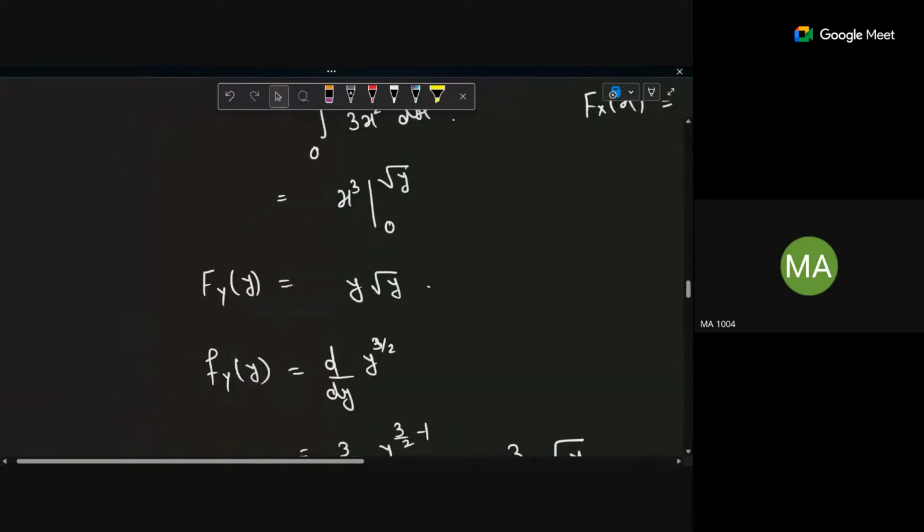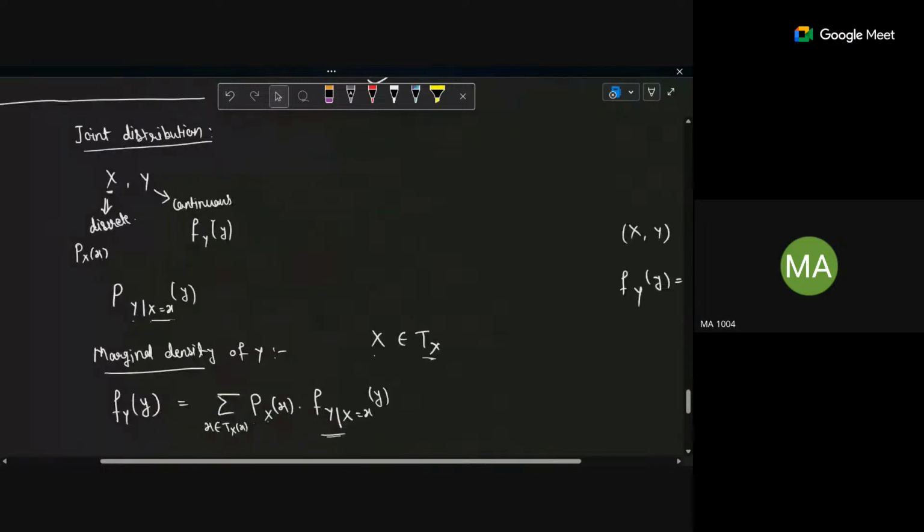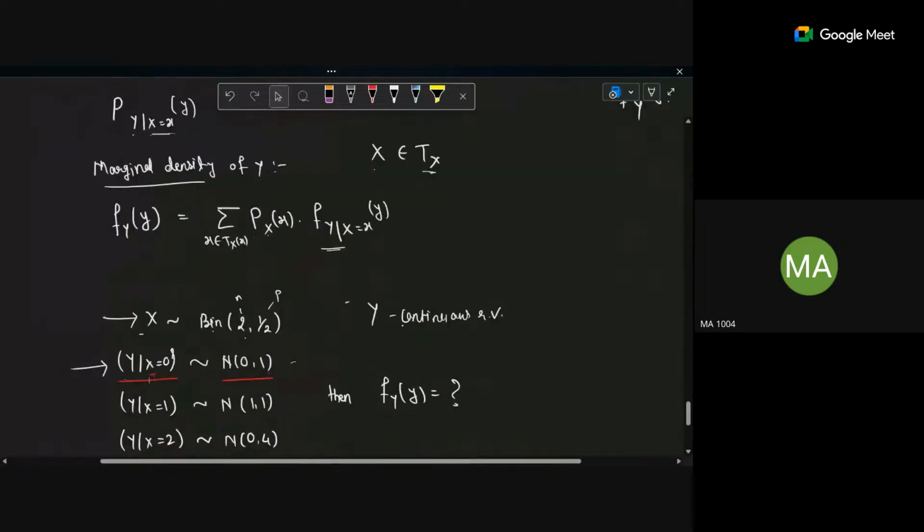The similar thing happens here in the joint setting, where x has taken value 0 and y is some continuous random variable. X is following binomial distribution. Now calculate what distribution y follows when x takes value 0.